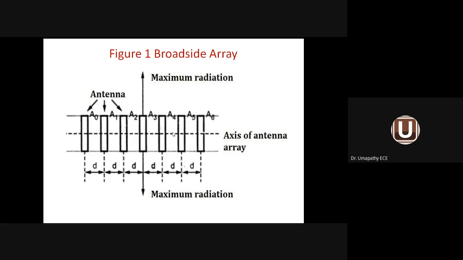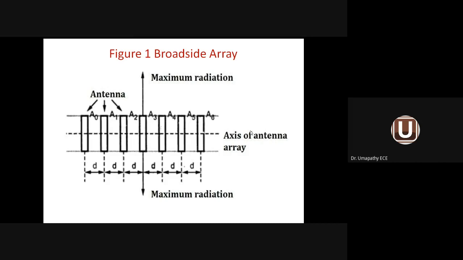And the 2 more parameters are also available. Maximum radiation, and you can see the maximum radiation goes in this direction. So I can put it, broadside array means the maximum radiation is perpendicular to axis of the antenna array. Or in other words, I can say you have a plane of antenna elements, 7 put together. So in this plane, the maximum radiation comes perpendicular to the plane containing the antenna element.